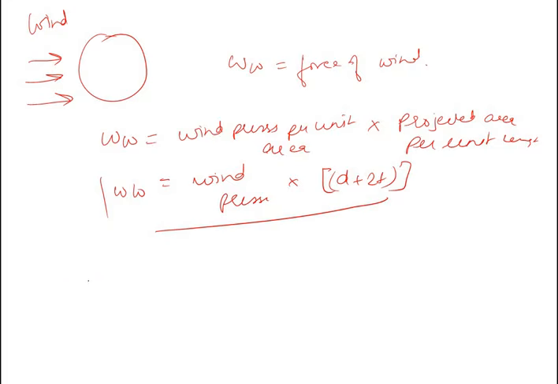Now we have to find the resultant. Suppose this is the wind force acting horizontally on the conductor, and this is the weight of conductor W plus weight of ice Wi, which acts vertically on the conductor. So the resultant we get is Wt.